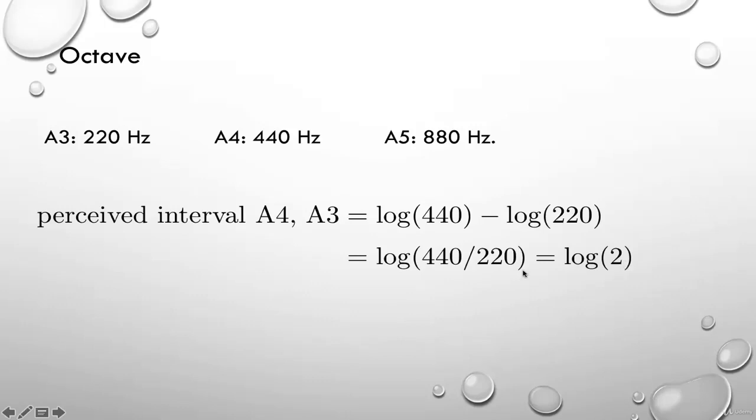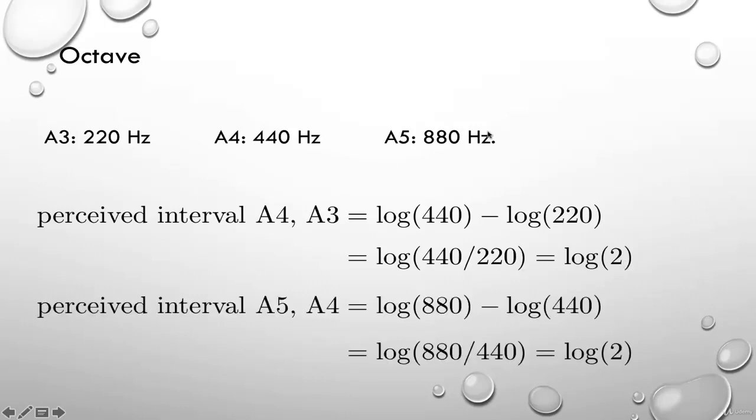Now, if I look at A4 to A5, again, same thing. The difference gives us the difference in our perception, but again, we're dividing 880 by 440, so that's also log 2. So even though this is a bigger difference than this, our perception is the same because our perception is based on the quotient or the ratio of the frequencies, not the actual difference.